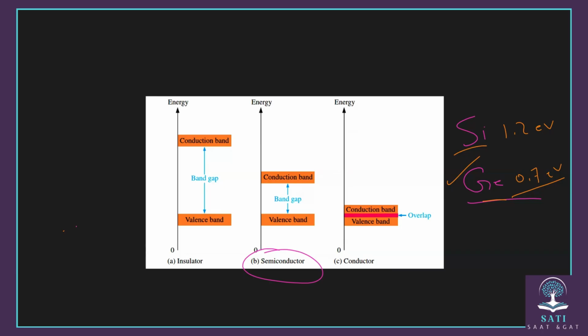Okay, in general, we can treat these semiconductors and make them good conductors. As we see, the energy gap for germanium is 0.7 electron volts.